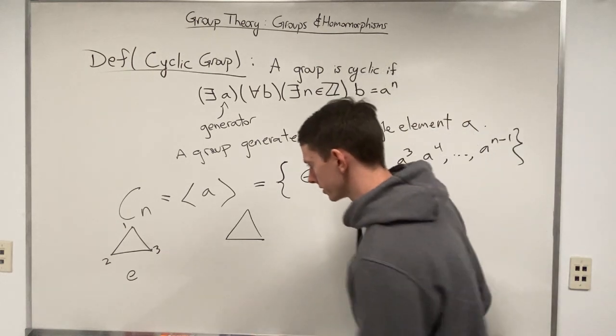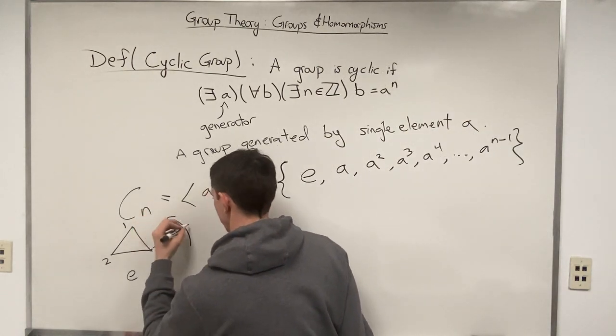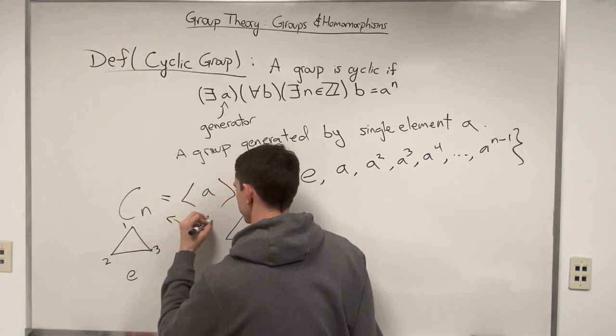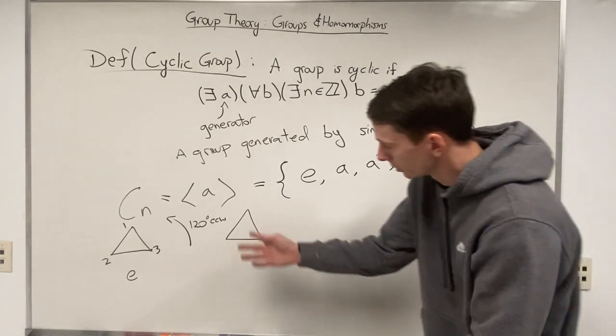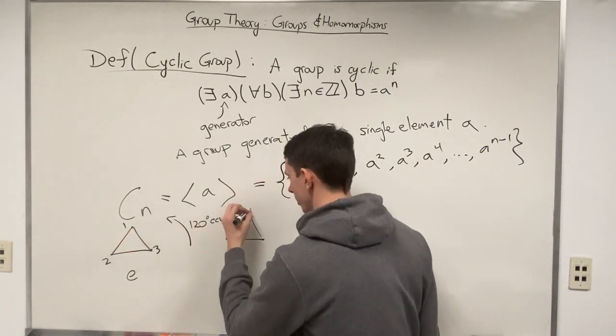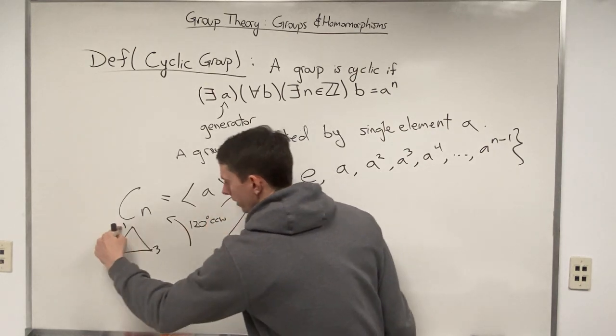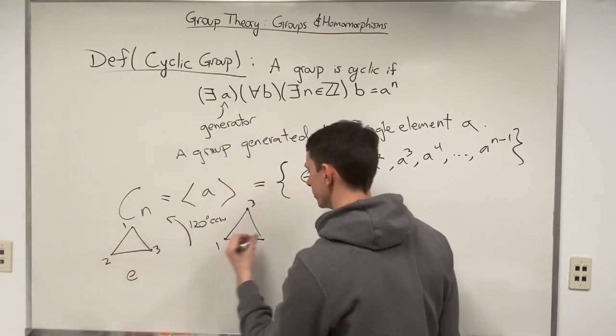So let's say we rotate this by 120 degrees counterclockwise. What that would do is produce this picture right here, but then 3 gets rotated up to 1, 1 gets rotated down to where 2 was, and then 2 gets rotated over here.